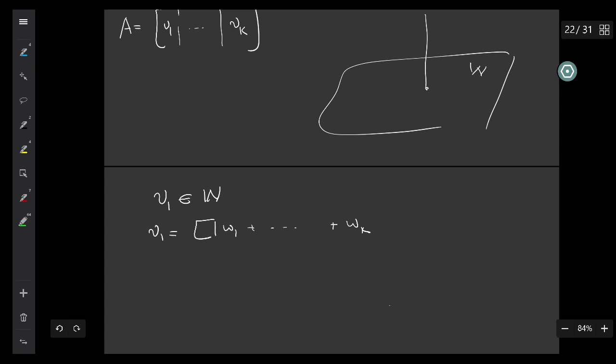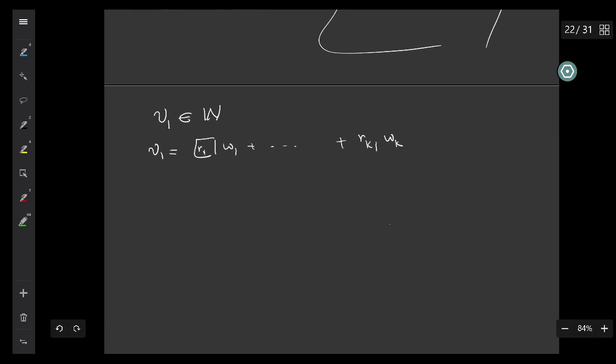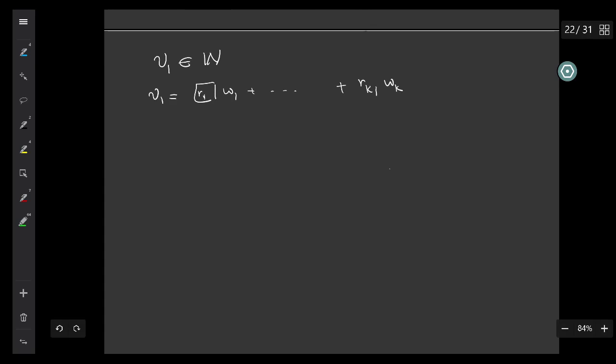So let's put some coefficients r11 through rk1, so v1 = r11 w1 + ... + rk1 wk.